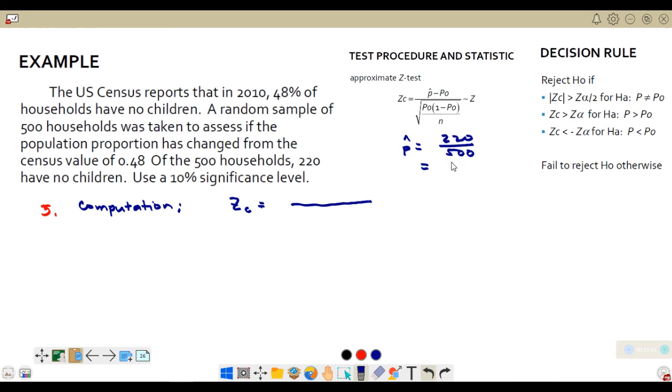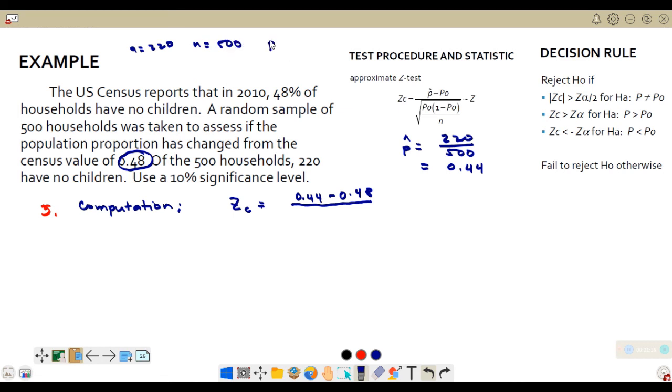Okay, meron tayong 0.44. So, this is 0.44 minus the assumed proportion of 0.48. Okay, so para malinaw tayo dito, A is 220, N is 500.